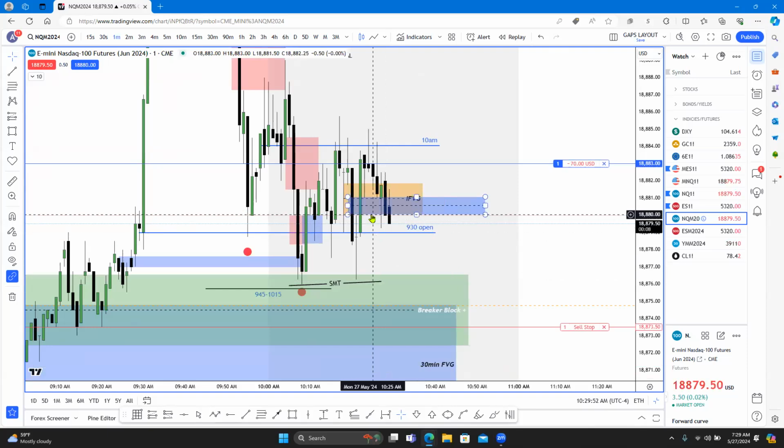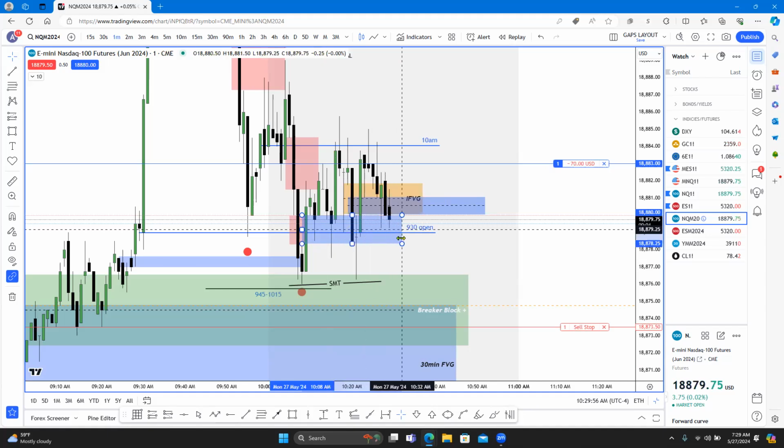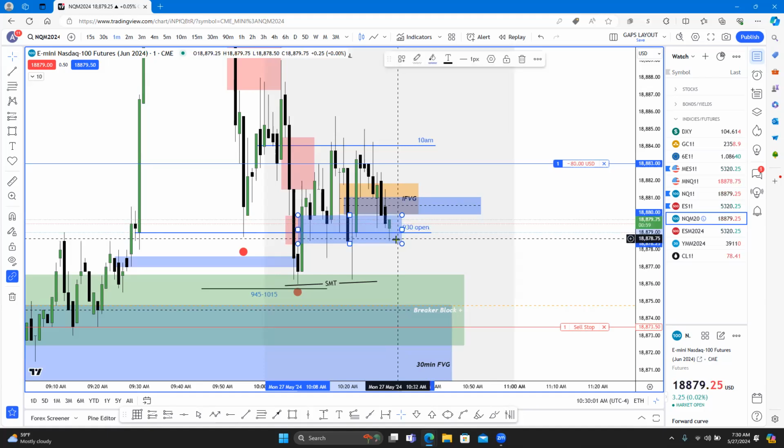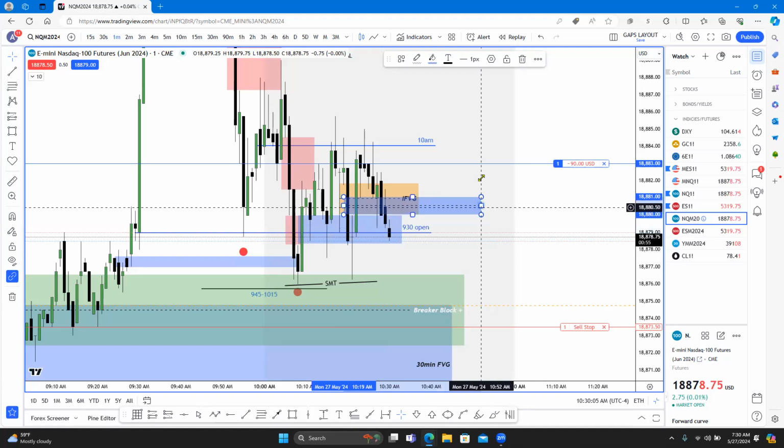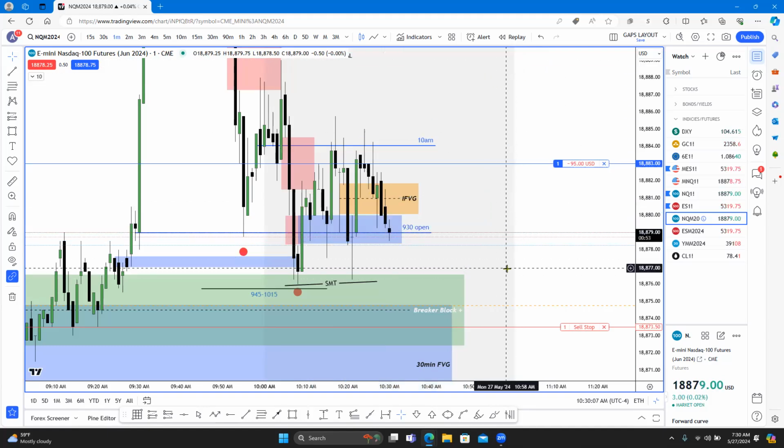So watching here, bullish PD array, next bullish PD array is here. So this one was closed below.